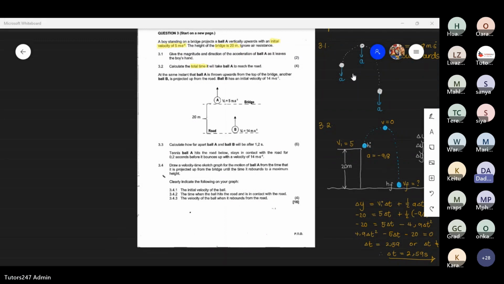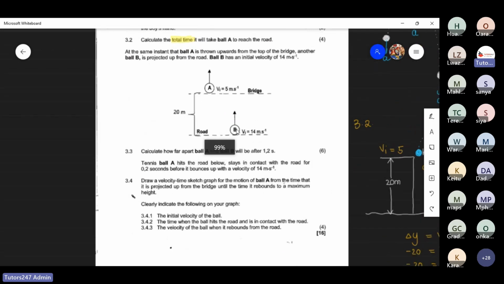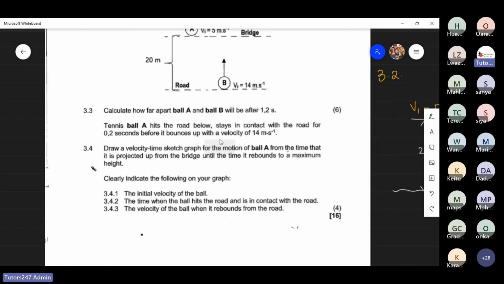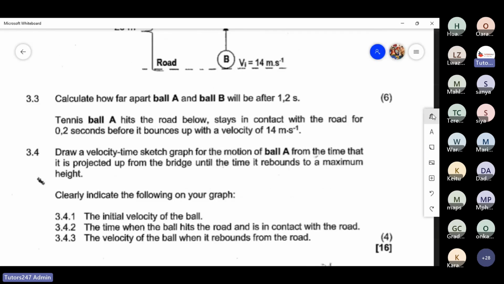Thank you. Now, question 3.3. Calculate how far apart ball A and ball B will be after 1.2 seconds. So this statement is important. We are given time, that 1.2 seconds. This is our time.